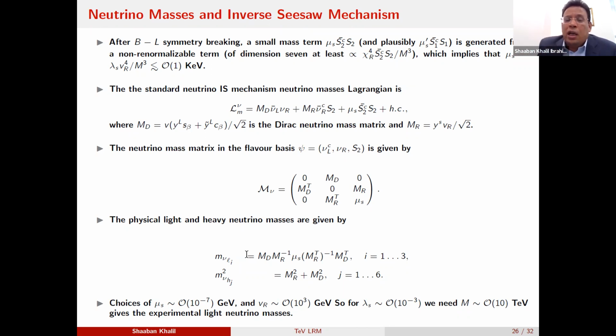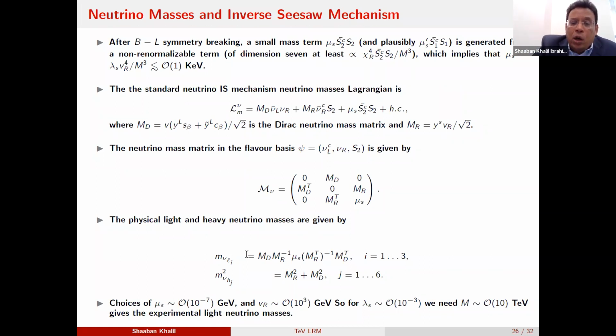A singlet fermion coupled and mixed with the neutrinos gives you the masses. When you diagonalize, you get very light neutrino masses, even with M R of order TeV, because before that it was M D squared over M R, and you had to have M R of order 10 to the 13 GeV.